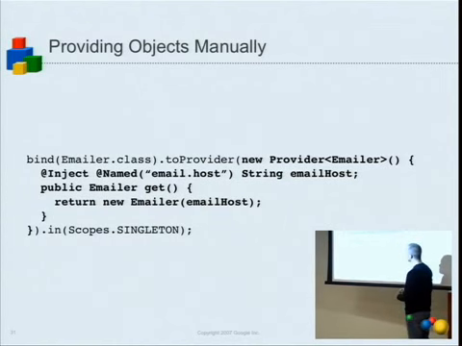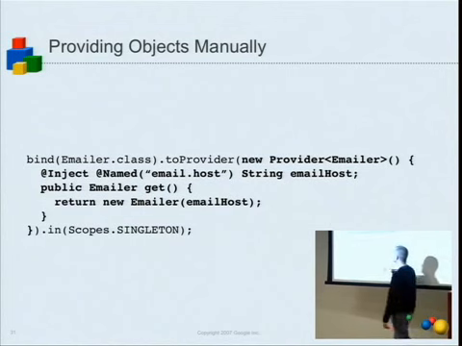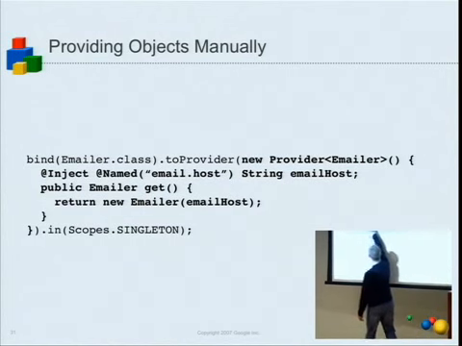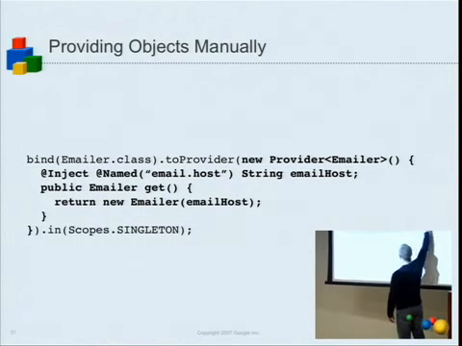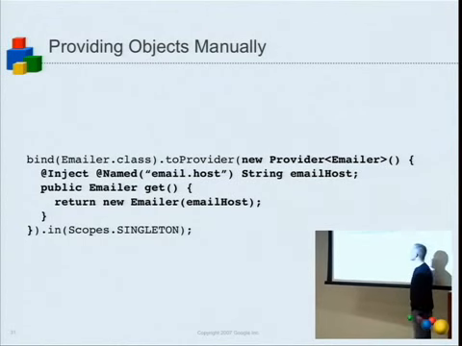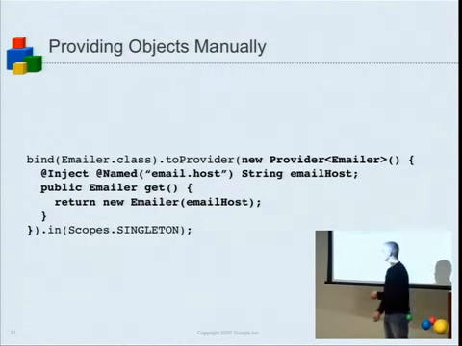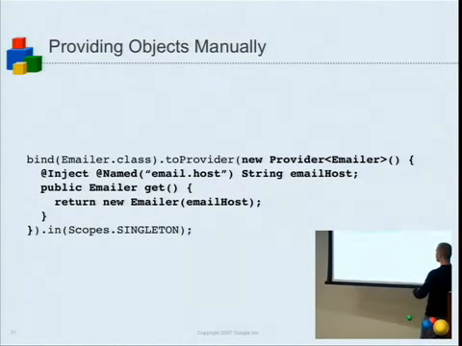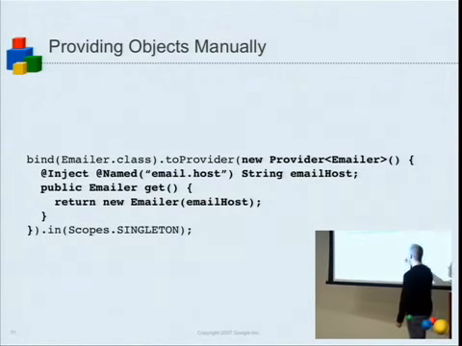And to tell Guice that you want to write a custom provider, in this case we're going to provide an instance of emailer, you just say bind emailer to provider, and you give it a provider of emailer. And the nice thing about this is that even though we can't inject emailer directly, we can inject our provider.